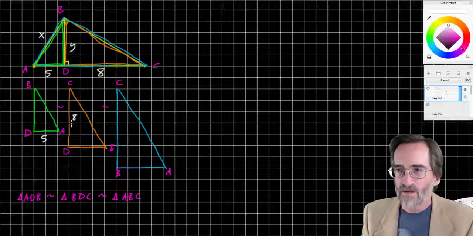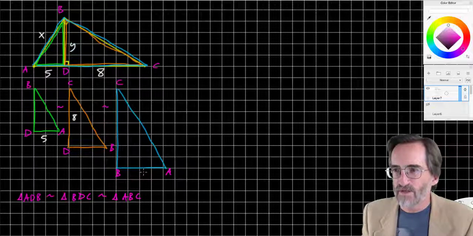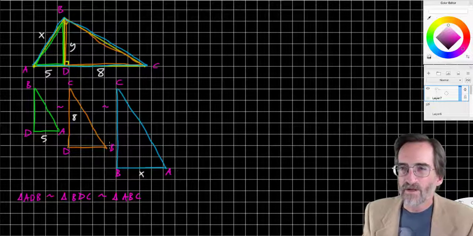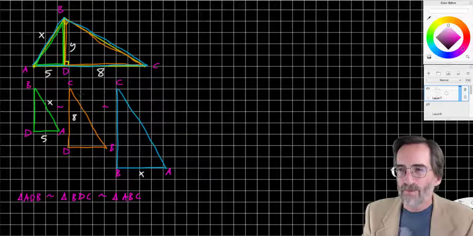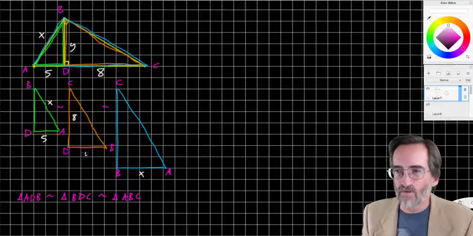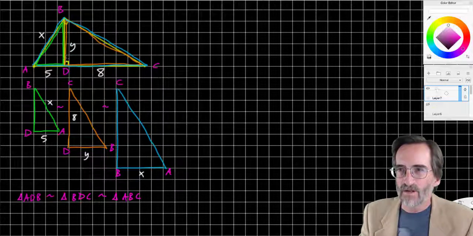AB is X. Okay. AB is X here. And Y, let's see, short leg on the orange triangle, Y. And long leg on the small triangle is Y. Okay.